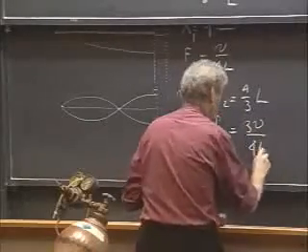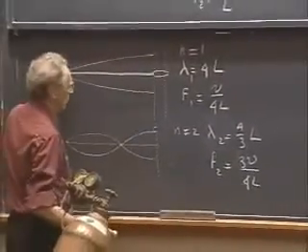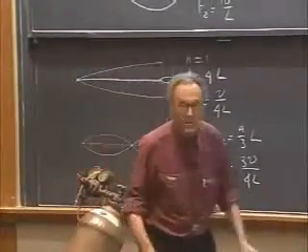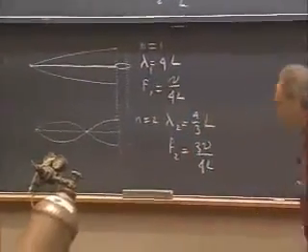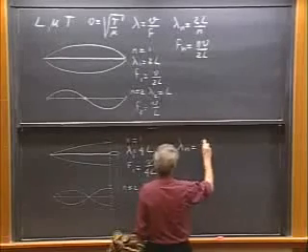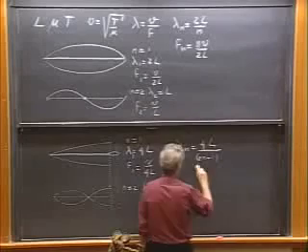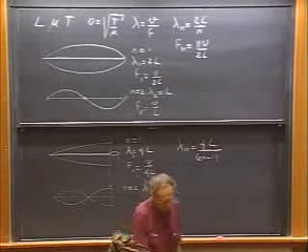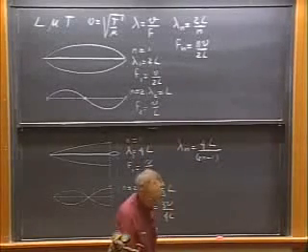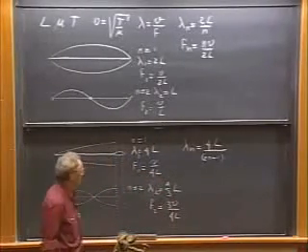divided by 4L. And so now we can write down the general recipe for the nth mode, n being Nancy. So we'll find then that lambda n is now 4L divided by 2n minus 1. And that now changes the picture quite dramatically.